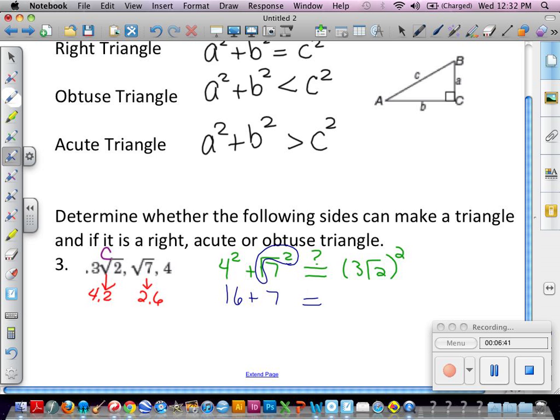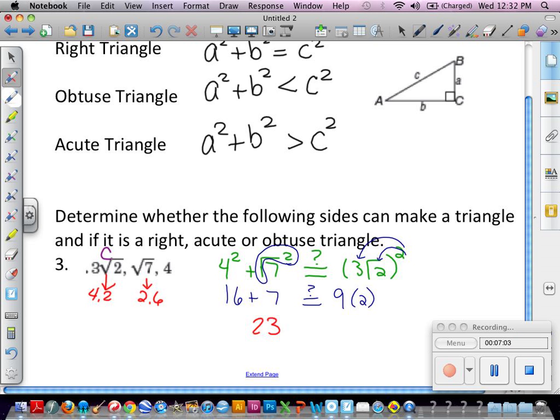I'm still deciding what I got going here. Everything needs to be squared in that parentheses. So 3 squared is 9. Square root of 2 squared, the square root and the square cancel each other out, which would leave you with a 2. Okay, so my next line, I've got 16 and 7.